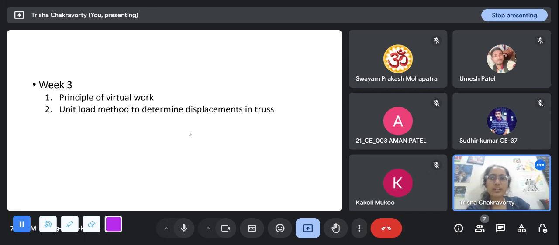The ultimate limit states are related to the stresses. That means the stress developed in a structural element should not be more than its stress capacity. It will have a yield stress. If the stress developed in the structure exceeds the yield stress, I will say that it has failed. So the ultimate limit state has an equation of the form: stress developed in the structure minus the yield stress should be less than zero, something like that.